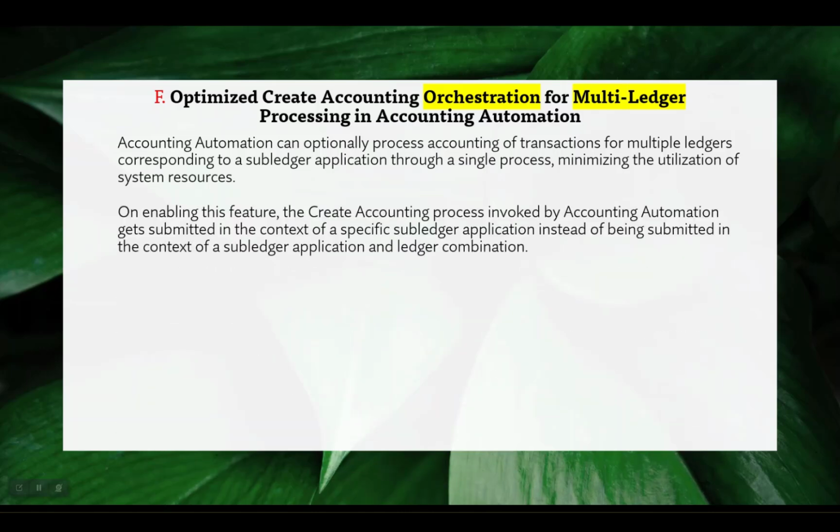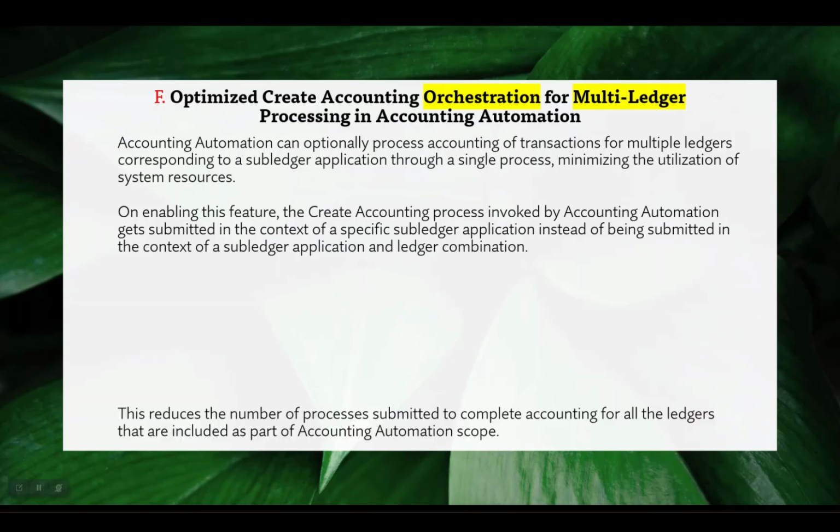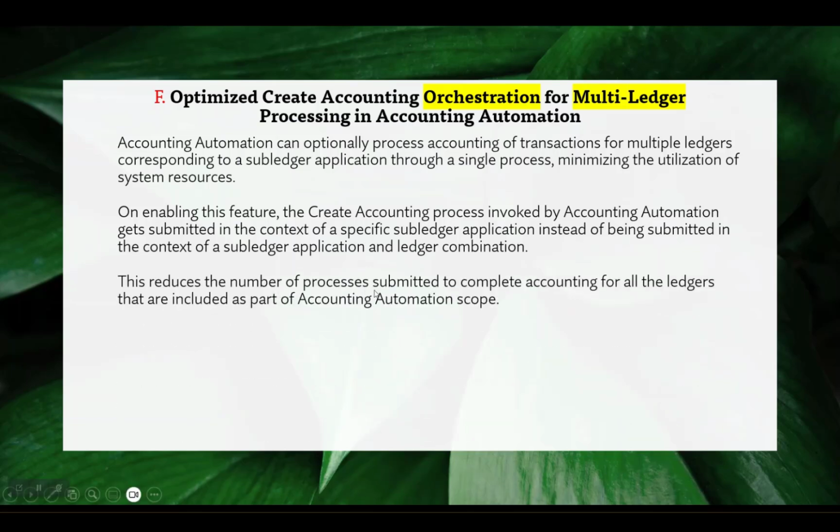On enabling these features, create accounting processes invoked by create accounting automations get submitted in the context of a specific subledger application instead of being submitted in the context of the subledger application and ledger combination. This reduces the number of processes submitted, because if you have, for example, 50 ledgers, you have to run it 50 times.